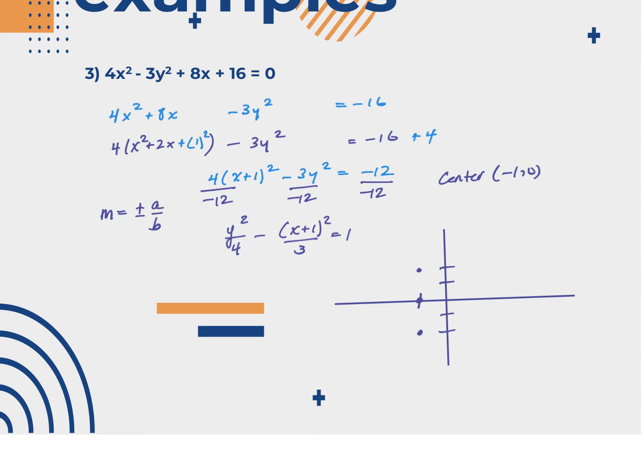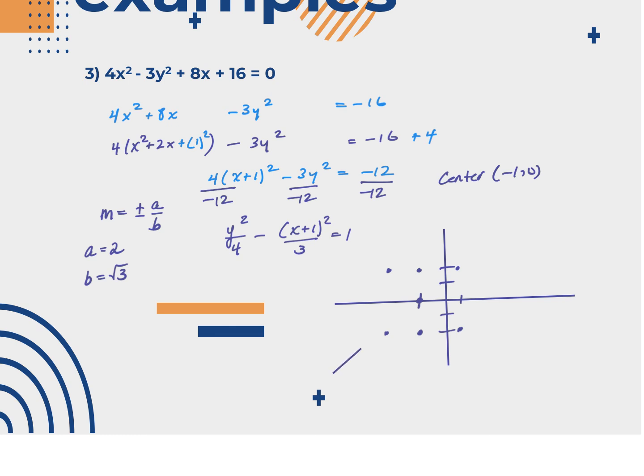Okay, so we know that a is 2 and b is root 3. So plus or minus 2 and plus or minus root 3. So I'm going to go up 2 over root 3, which is about 1.7. So maybe here, here, here, and there.